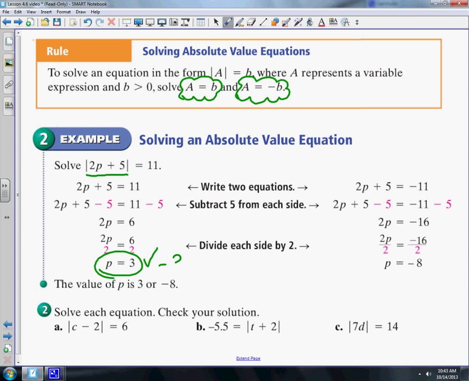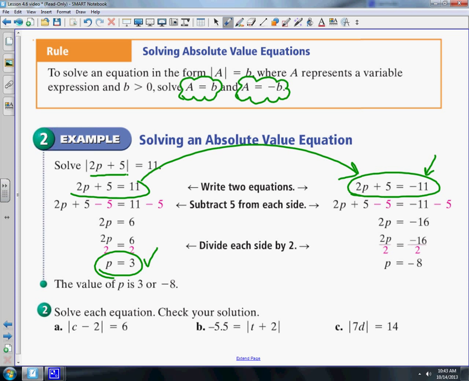Now, could I just write negative 3 as my other answer? Well, let's check it. 2 times negative 3 is negative 6. Negative 6 plus 5 equals negative 1. That does not equal 11. So you cannot just write the negative answer. What you end up having to do is solve a whole other equation with a negative 11.